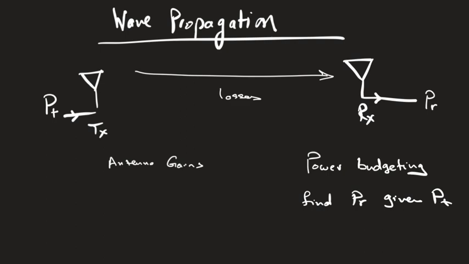Get the most expensive device, it will not receive anything. So a designer of a communication system has to make sure that the input power going through the transmitter is sufficient to overcome this threshold. Otherwise, the system is not going to function.